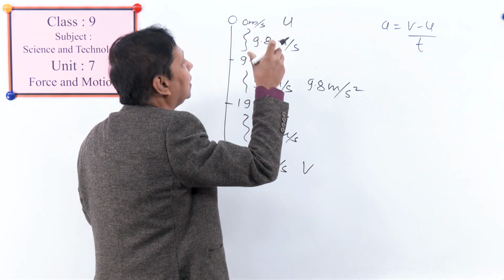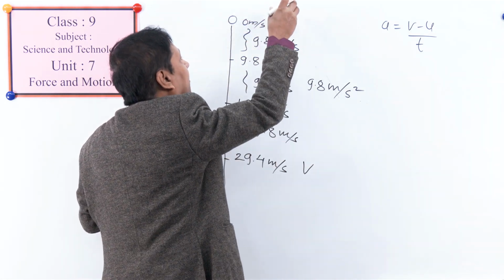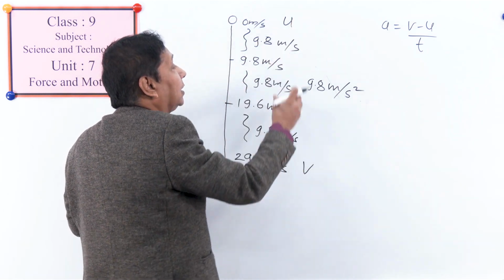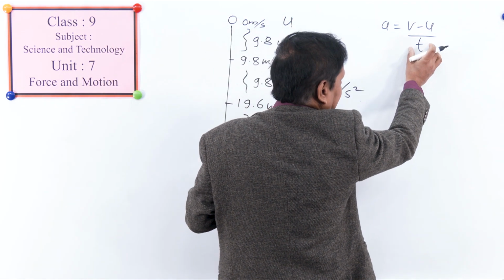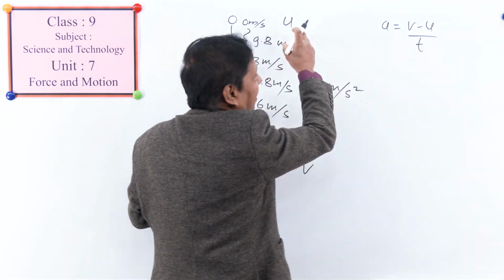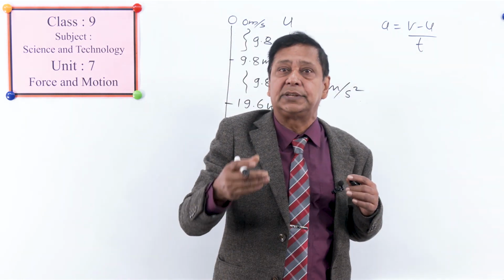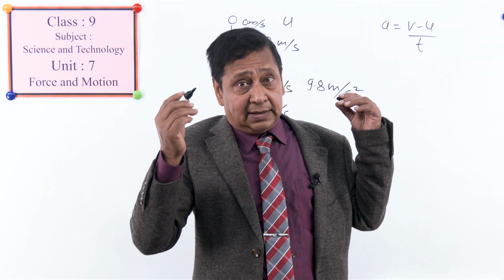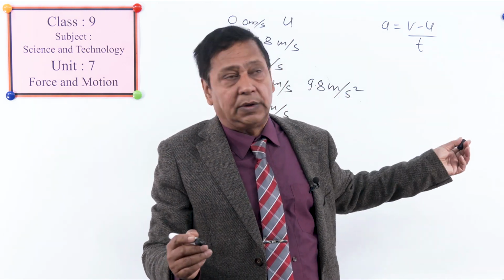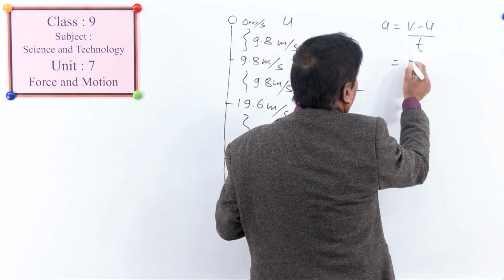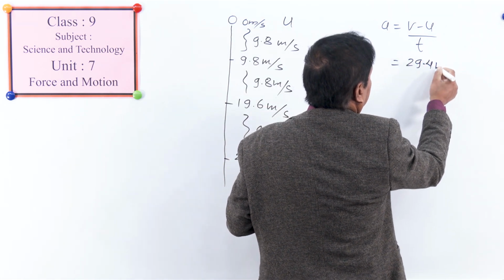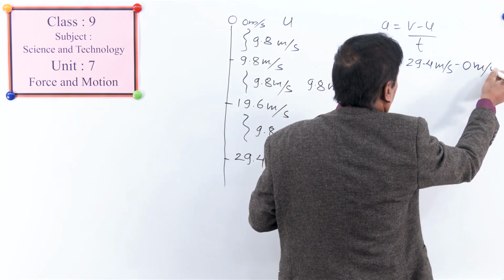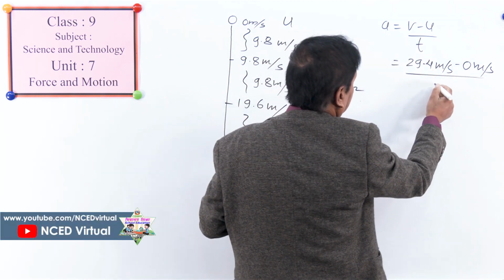And how long the body takes to go from U to V? That time taken by the body is t, and if we divide V minus U, that is the change of velocity, by time t, then we will get acceleration. This way we can calculate: 29.4 meter per second minus U, which is 0 meter per second, t is 3 seconds.